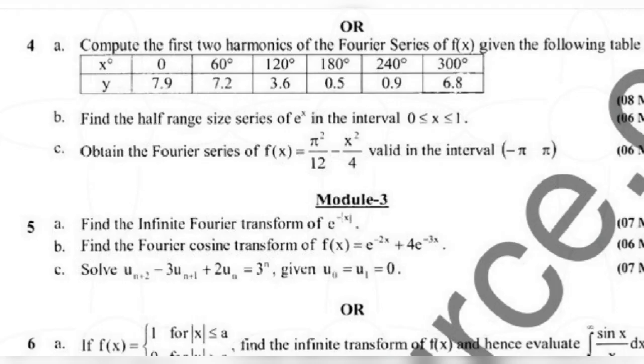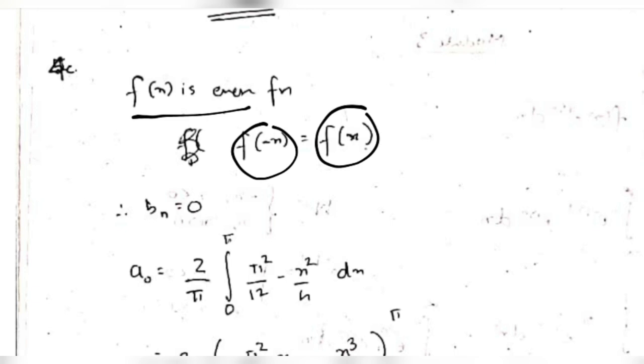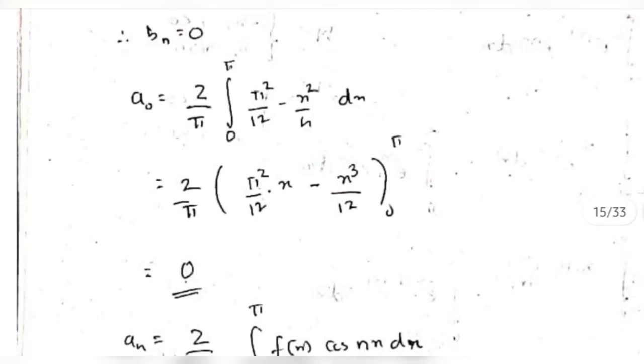In the next question, we have been asked to obtain the Fourier series of the function which is given in the interval minus pi to pi. You can check for yourself, the function is even. When we substitute the value of minus x, we will be getting the same value as if we substitute for x. So this function is even, and we have to find a naught and a n. We need not find b n.